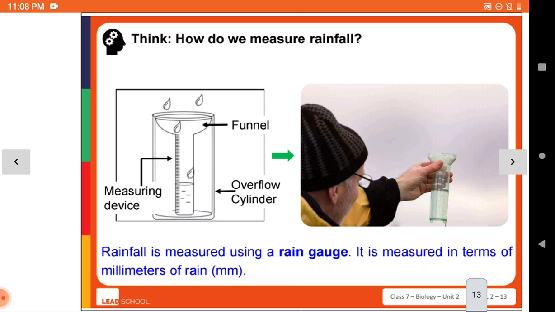In the given slide, the figure shows a funnel and a cylindrical tube surmounted by a funnel. On the cylindrical tube there is a scale in mm. When raindrops fill this funnel during a particular time, we calculate the maximum height, or mm, of rain during a day.